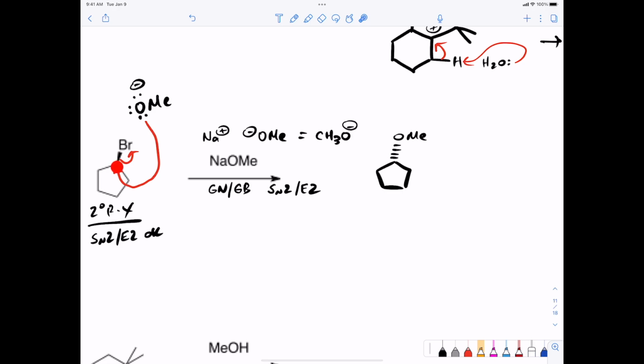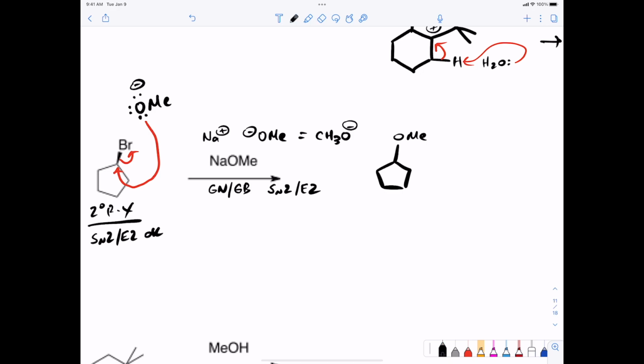Is this a stereocenter? Okay, good. You better be able to see that that is not a stereocenter. Therefore, does it matter that I've drawn the product this way? No, it's the same thing either way. I've only done this to communicate that it was backside attack, but it would be totally fine for me to show the product like this or like this, because there is no way you can tell that backside attack occurred.